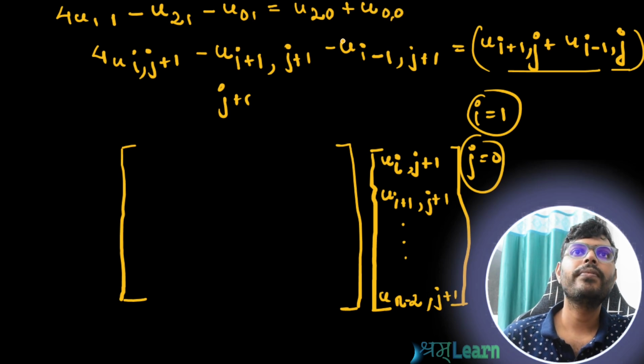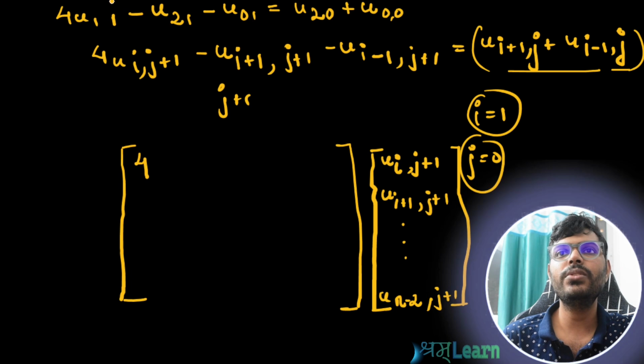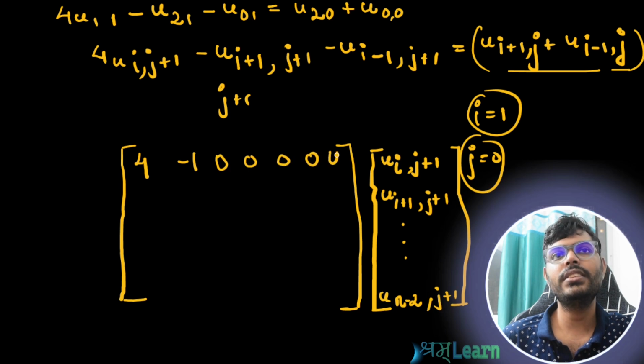Okay, so can I replace everything here, right? I have to replace this with 4 because the u11 coefficient is 4, the u21 coefficient is -1, and every other thing is 0. This is the first row, right?